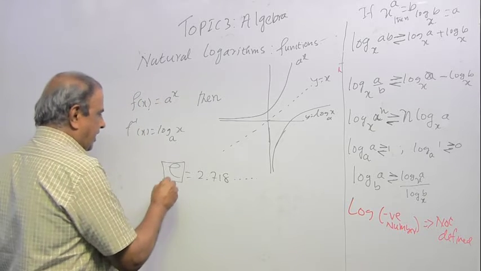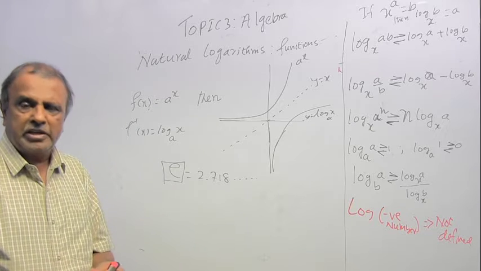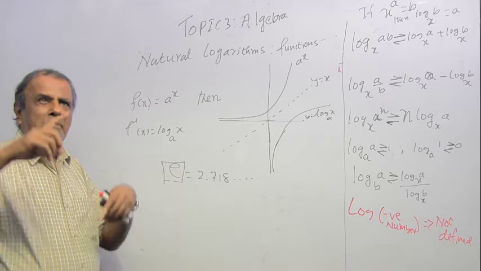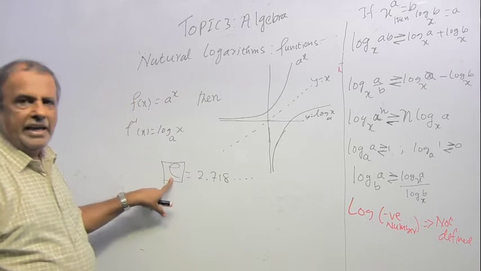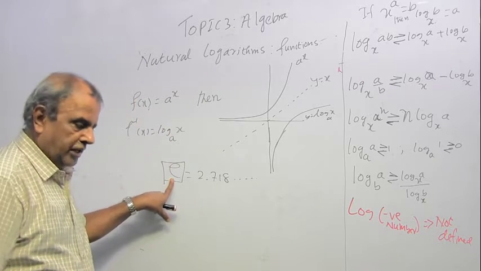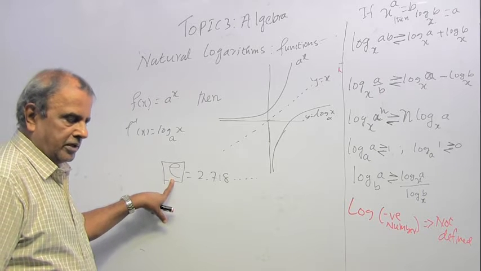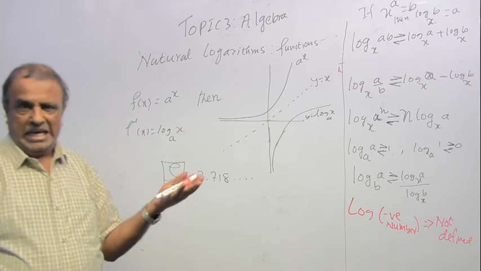This is the Napierian base. Napier was the mathematician who has been honored with the Napierian base, log to base e, whereas the letter e is in honor of one of the greatest mathematicians of the last millennium, Euler.